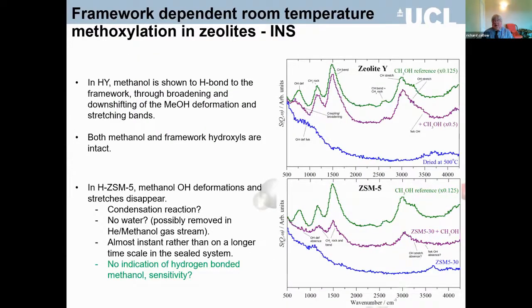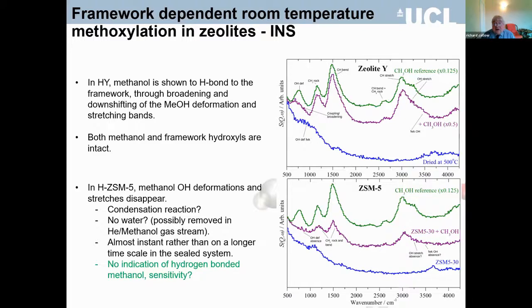Let me just look quickly at the spectrum of the zeolite Y, which is at the top. And the green is essentially a methanol reference spectrum. So that's just methanol before you load it into the zeolite. Then you load the methanol into the zeolite, and you see that all the features are still there.